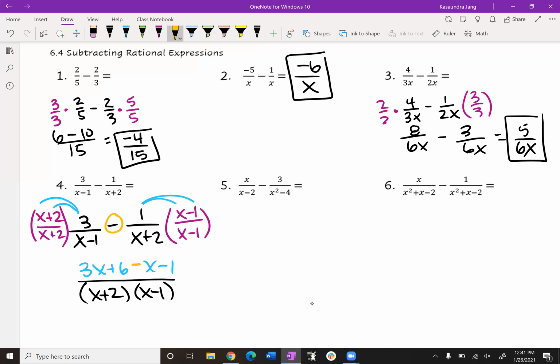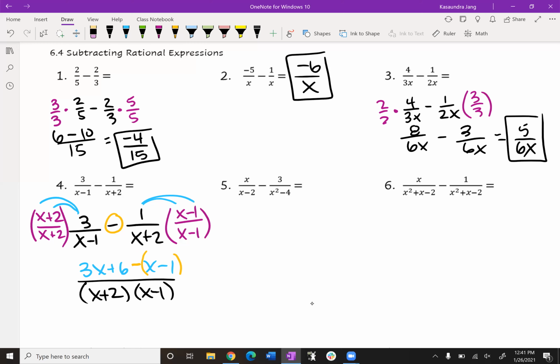Oh, so I'm subtracting this whole thing? I'm not subtracting just the x. I'm subtracting that entire numerator. So you were saying I need to put a negative on the negative 1 as well, turn it into a positive 1. In other words, I would distribute that negative to my entire numerator, not just the first thing that I write. I have to distribute that negative to both of those guys.